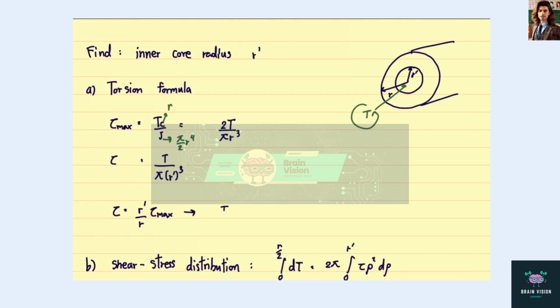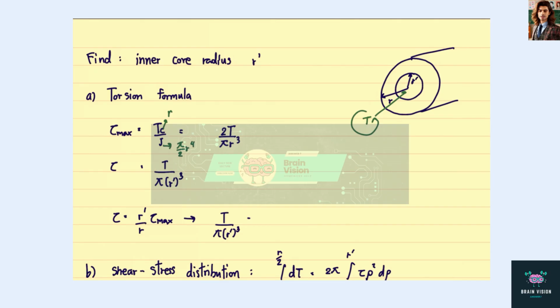So we have that T over pi R_i to the power of 3 is equal to R_i over R times 2T divided by pi R to the power of 3.